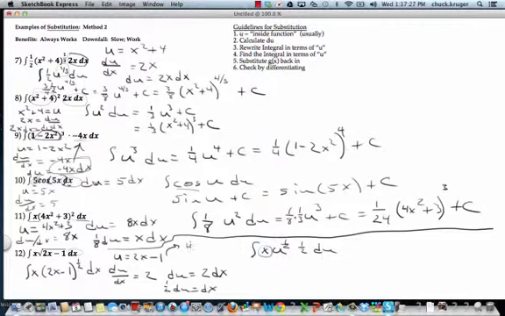So I have u plus 1 equals 2x, or 1/2 times the quantity u plus 1 is equal to x. So that's going to give me 1/2 times u plus 1, times u to the 1/2 power, times 1/2 du.